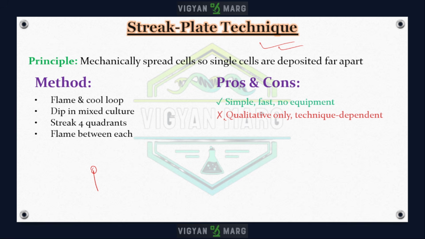Okay, first what will you do in the streak plate? First you have the loop, you need to flame the loop. Next you need to give some time to cool it down, and you have a broth, the tube.